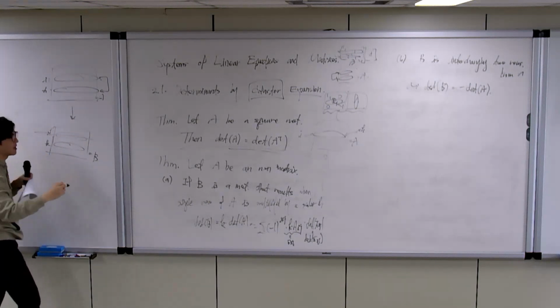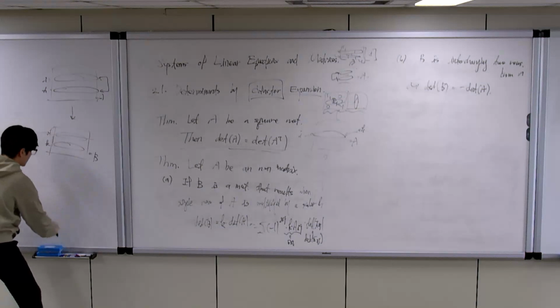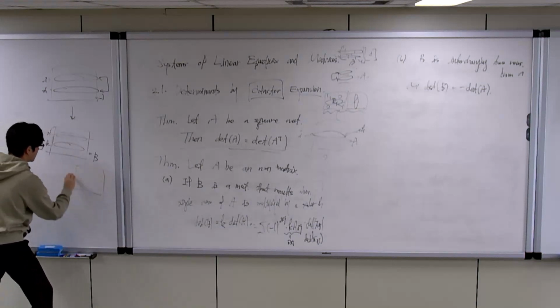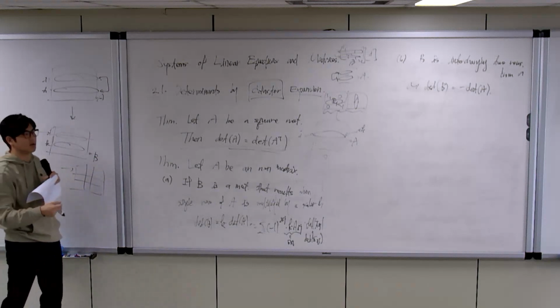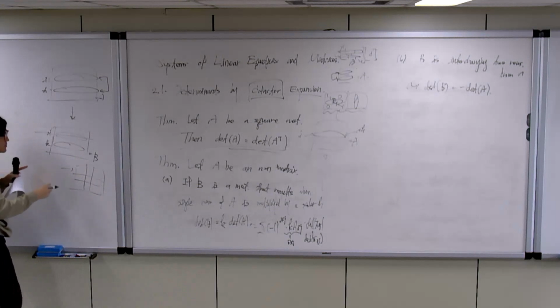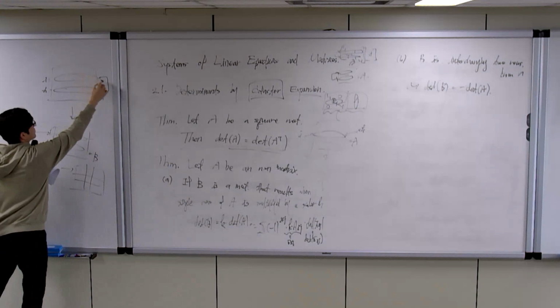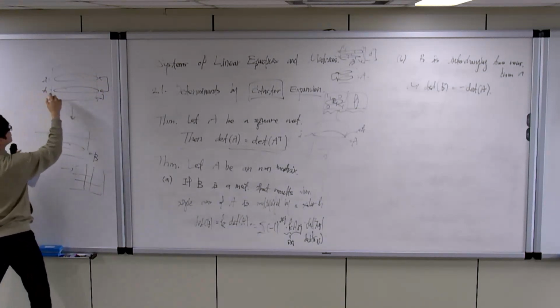Inductively, in the 2 by 2 matrix and the 3 by 3 matrix case, when we change the rows, there are two cases.